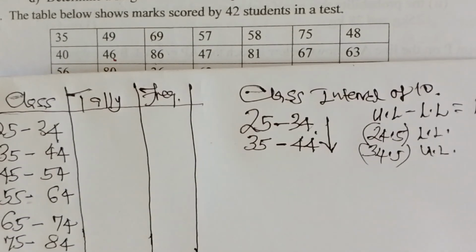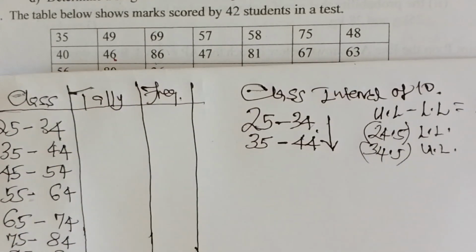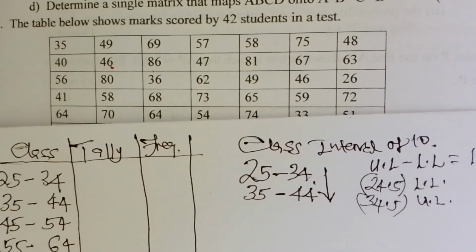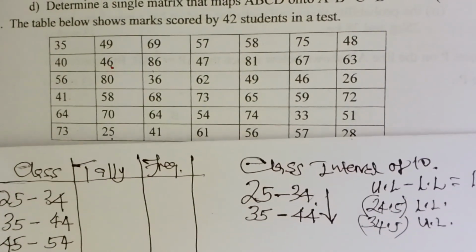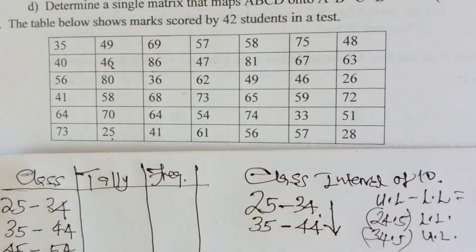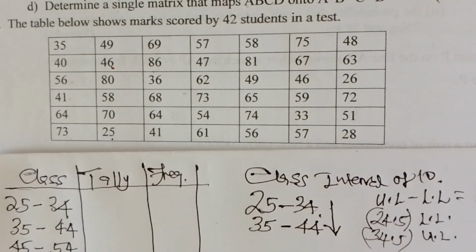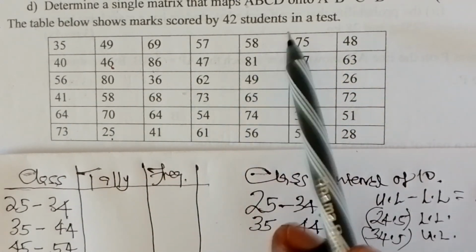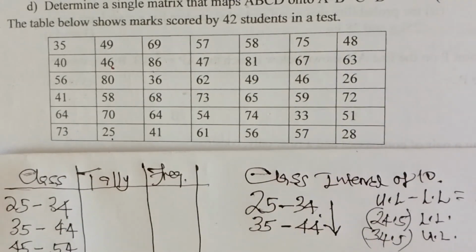So we go back to the raw data and then put the data into the classes now. Distribute the data into the classes. And the easiest way to do this is to cancel out the values when we capture them into the given classes.